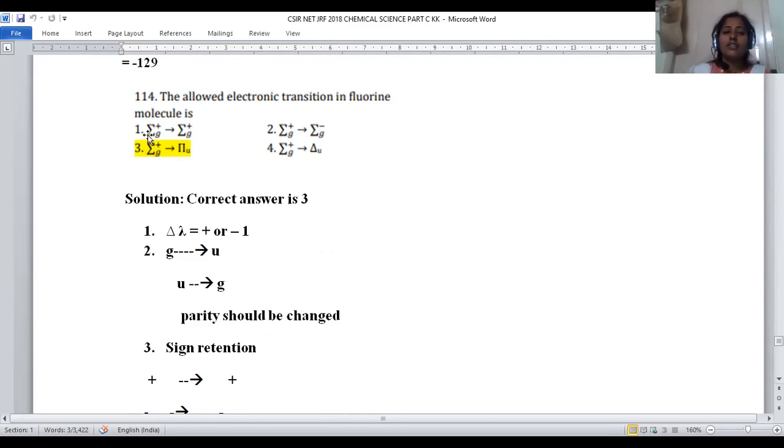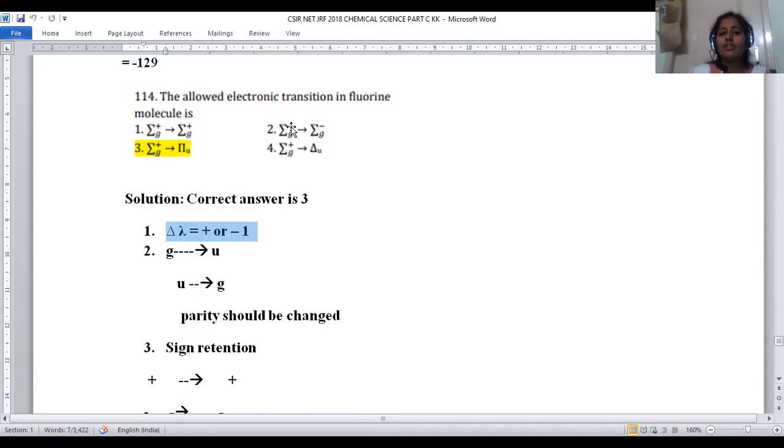When we take the first option, sigma to sigma. Here, sigma to sigma in the sense delta lambda value will not be changed. Delta lambda is equal to 0 for this one, because 0 state to 0 state, there is no plus or minus 1 value. So here selection rule 1 will be violated in option number 1. So in this case we can discard this option.